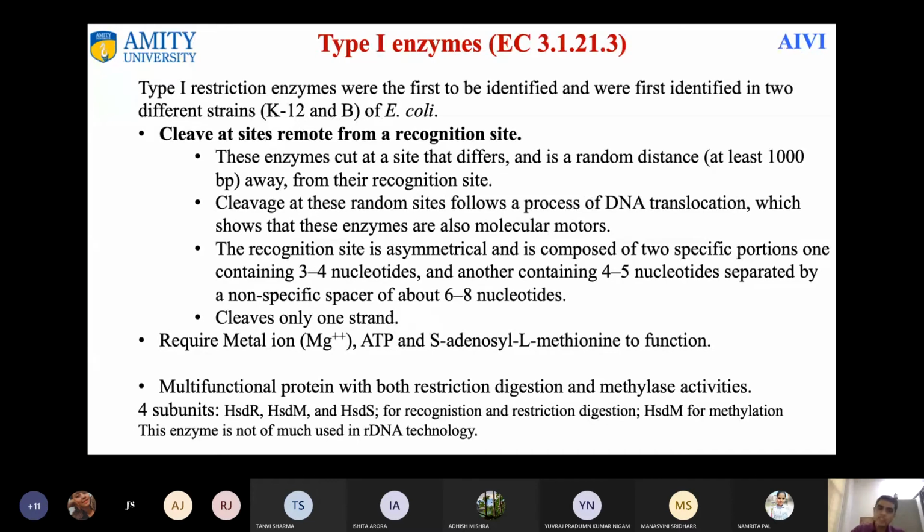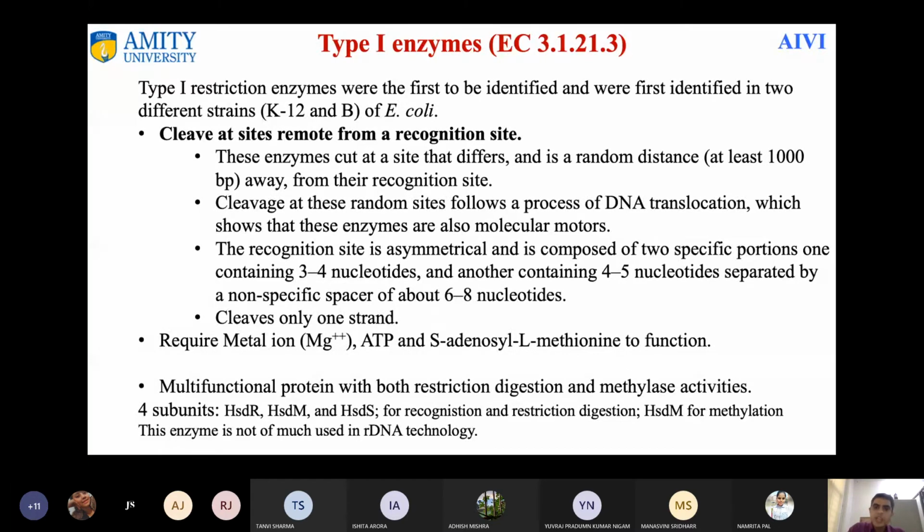Then what was the next property? What is their composition? Type 1 enzymes have multiple subunits, 4 subunits: HsdR, HsdM, HsdS. The names R, M, and S depend on what type of function they perform.